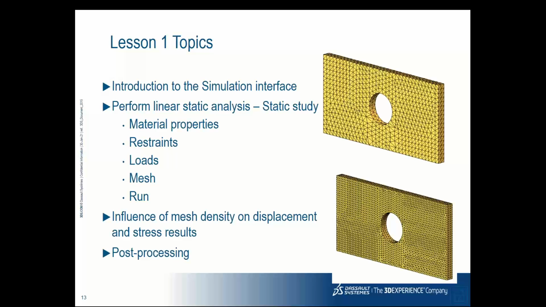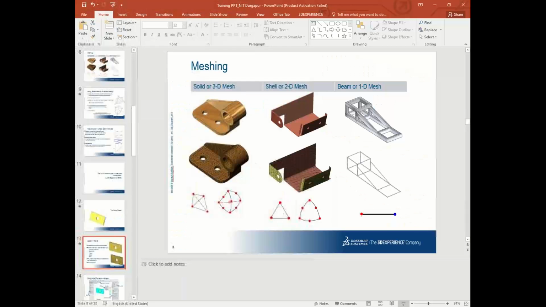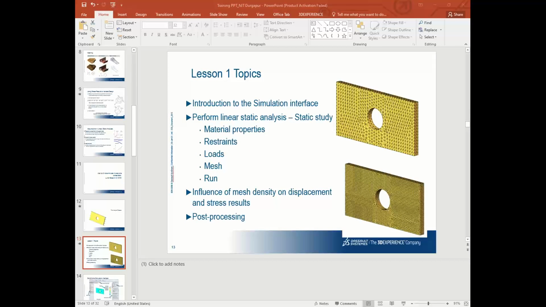Then defining the boundary conditions, that is the restraints and the loads, then meshing, and finally we will run the analysis, and how the density of the mesh affects your result, that also we'll see. So we will quickly move to the window now.